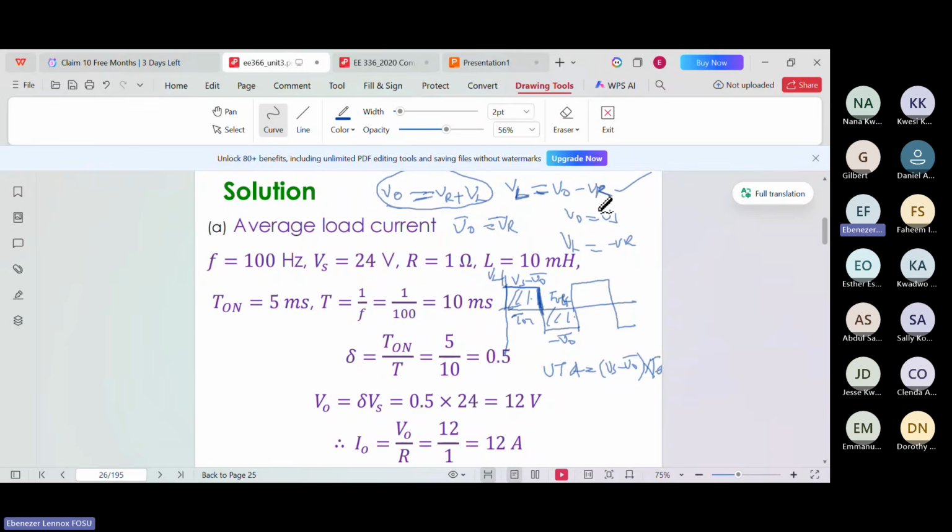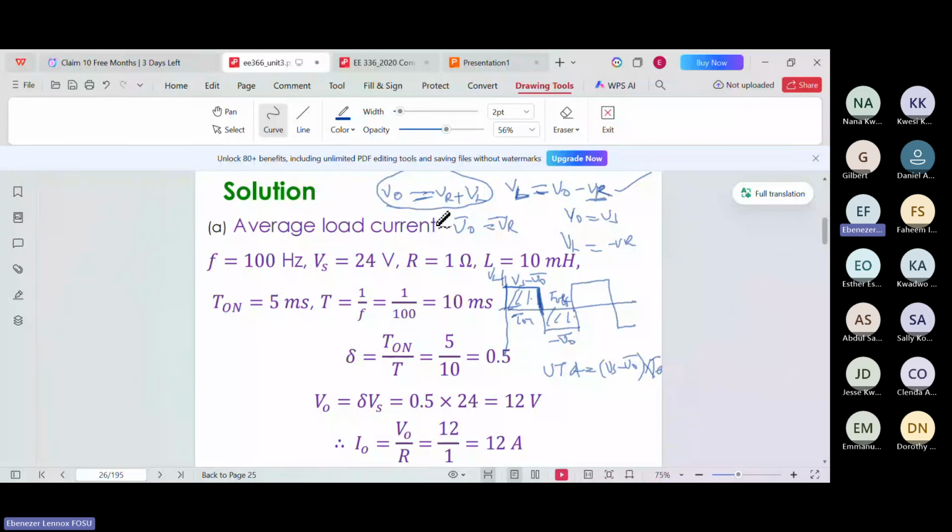During the time the switch is on, you know that V naught is equal to the supply voltage, which is Vs, right? Do you get that one? Okay. So wherever you see V naught, we put Vs there. What is VR?